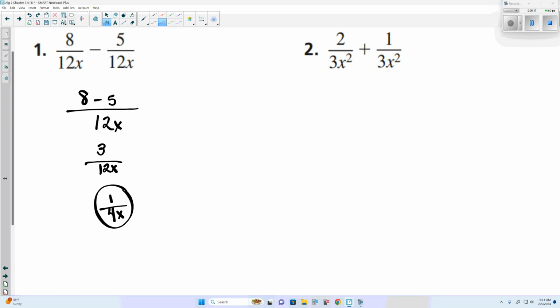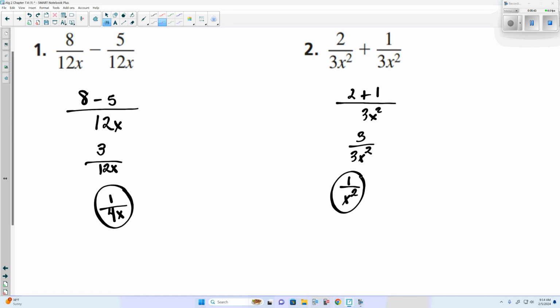2 over 3x squared plus 1 over 3x squared. Well, the denominators are both 3x squared, yes? So we can add the numerators. 2 plus 1 is 3, so 3 over 3x squared, which reduces to 1 over x squared.